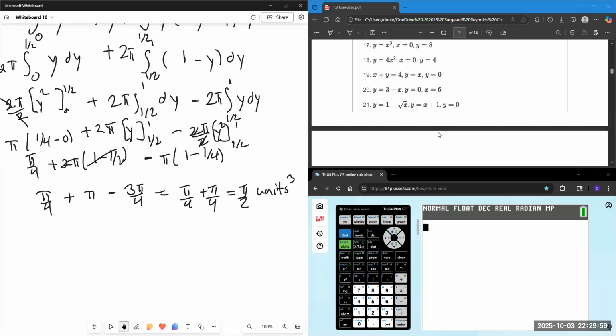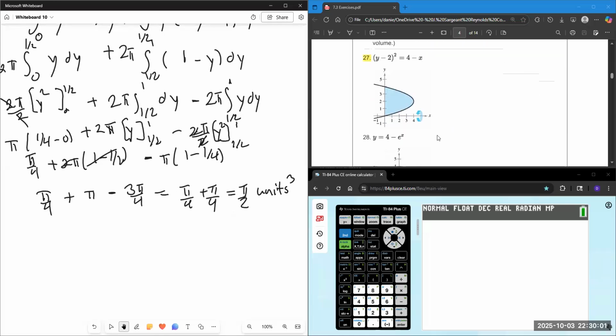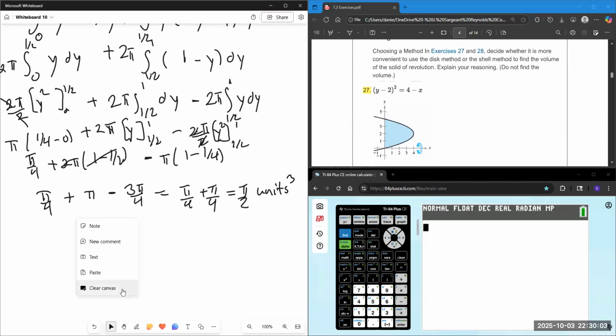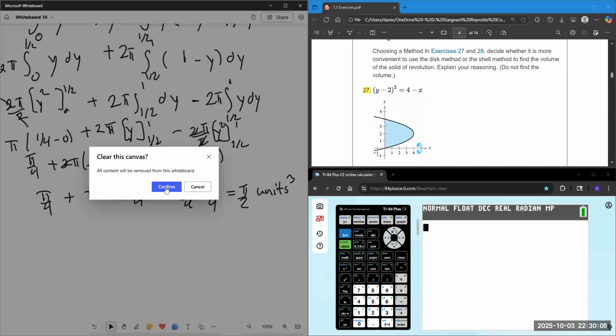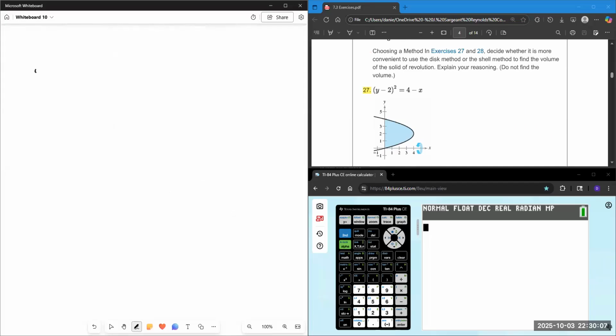27 will be our next problem. It's just a setup problem. We are not supposed to solve it. So 27 gives us the function y minus 2 squared equals 4 minus x, and gives us the picture here.